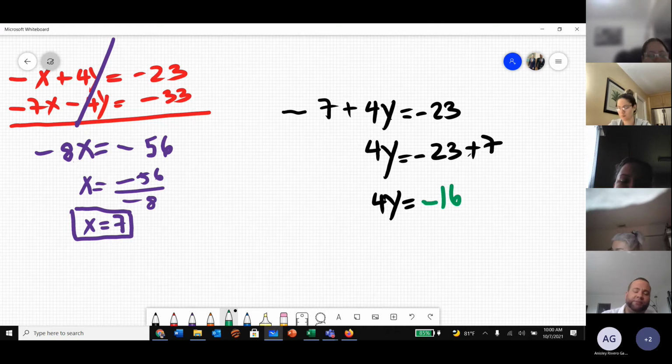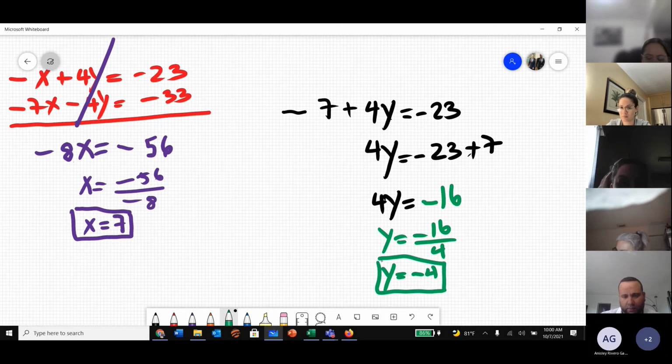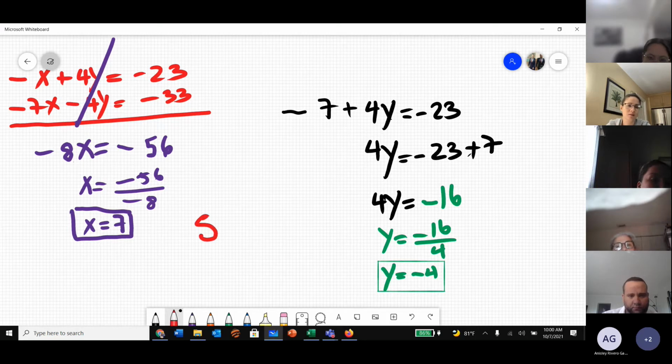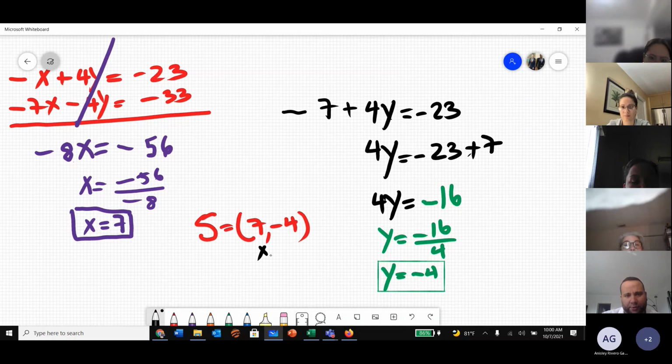The 4 that is multiplying, how does it go to the other side? Divided. And then negative 16 divided by 4? Negative 4. What is the solution of that system of equations? 7, negative 4. Remember that every ordered pair is x, y. X first.